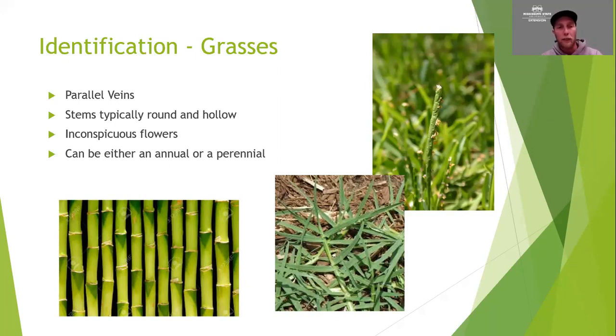Grasses can either be annual or perennial. We can have annual grasses that live for 1 year, or perennial grasses, which hopefully is what your turf in your lawn is, so you're not out there planting it every year. That can get rather expensive pretty quick.